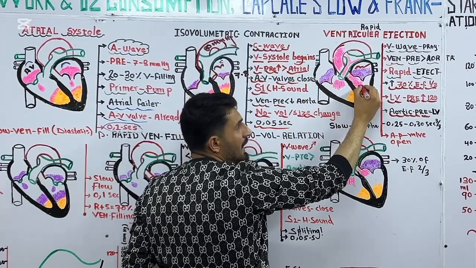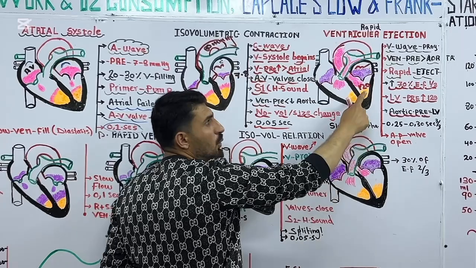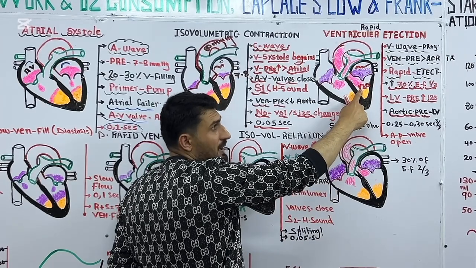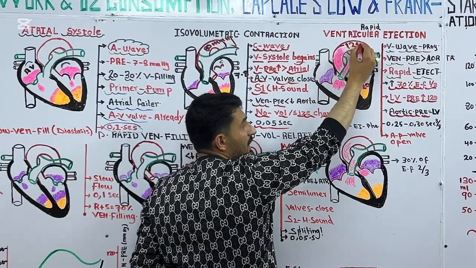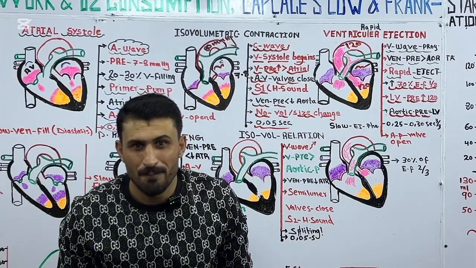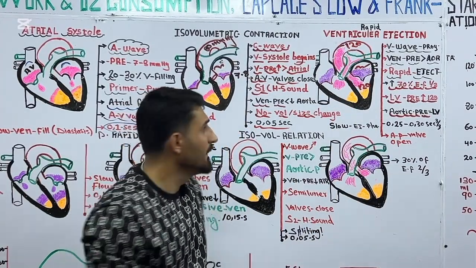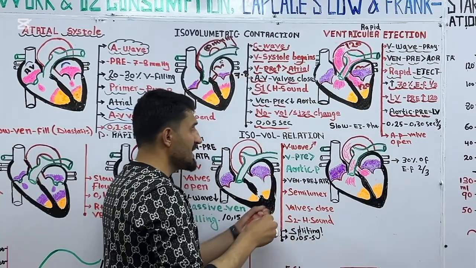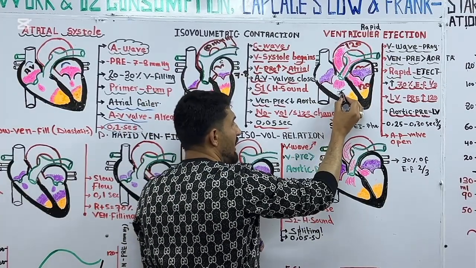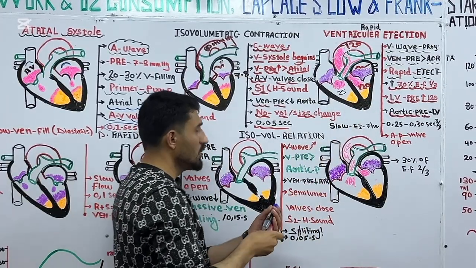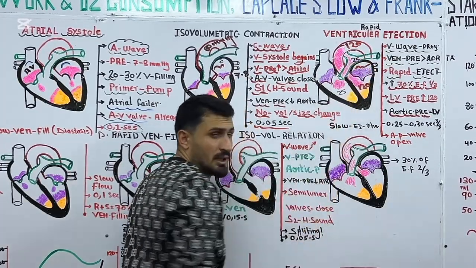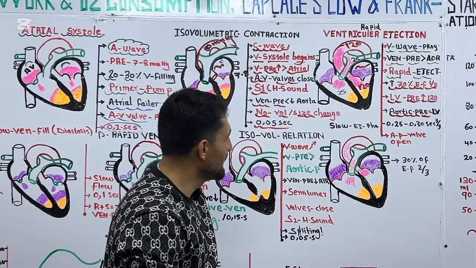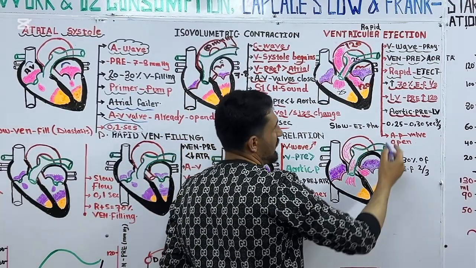For example, if I have 120 millimeters Hg pressure in the left ventricle, the pressure of aorta is also 120 millimeters of mercury. On the right side, if systolic pressure is around 25 millimeters Hg, then in the pulmonary artery the pressure is also around 25 millimeters of mercury.